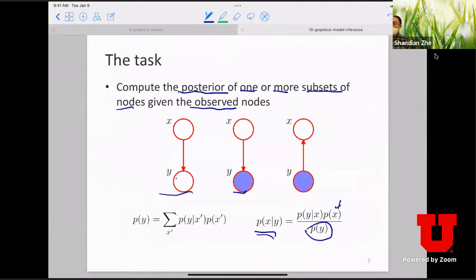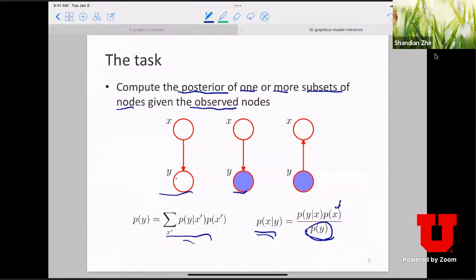Then the major issue is to compute the marginal distribution of the observed nodes. Suppose it's y. If we want to compute the marginal distribution of y, we have to marginalize out y in the joint distribution. In this case, it's relatively easy.